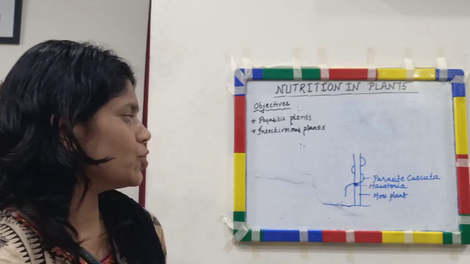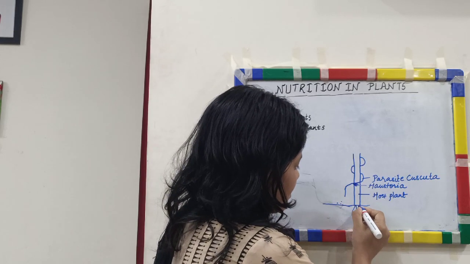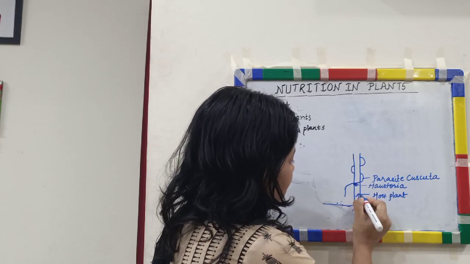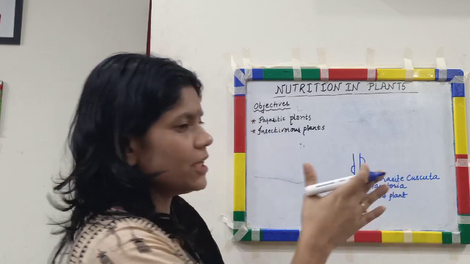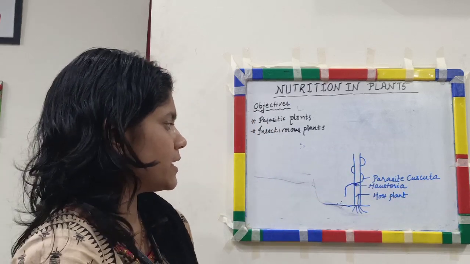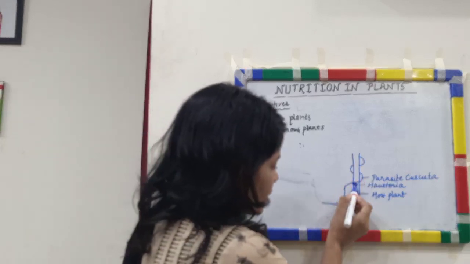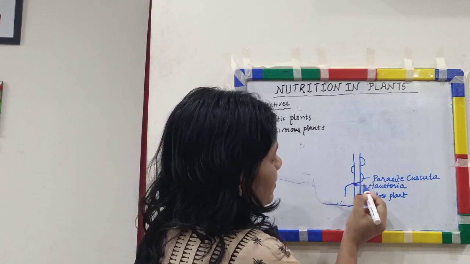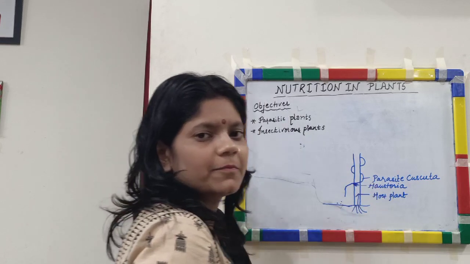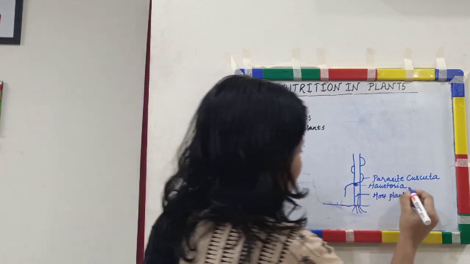As I already told you, from the ground, water and minerals reach to the leaves through branches and stem through the vascular tissue. So this haustoria sets up a connection with the vascular tissue of the plant from which it derives the nutrition.